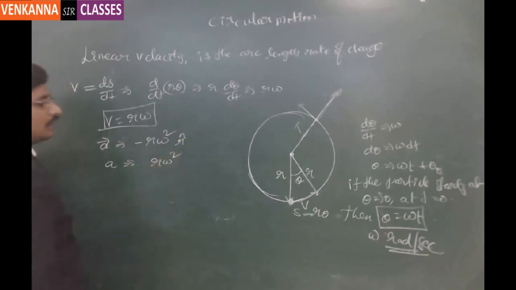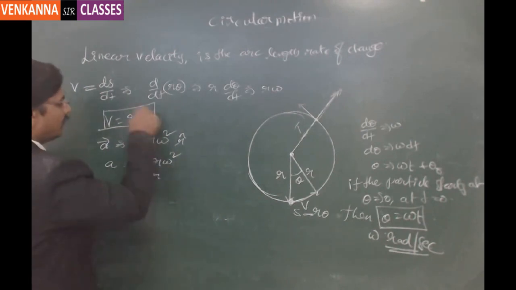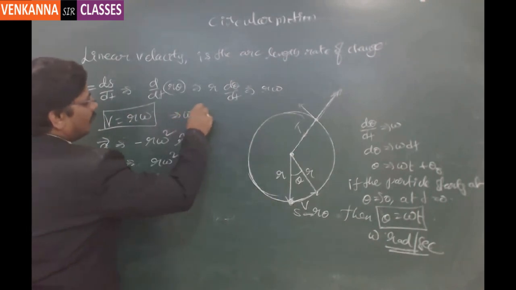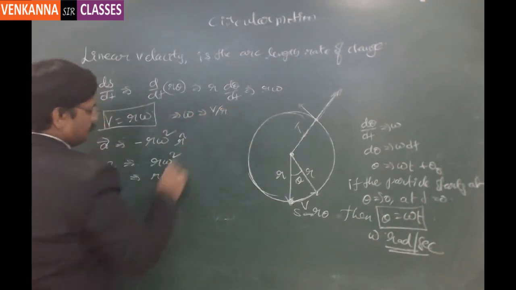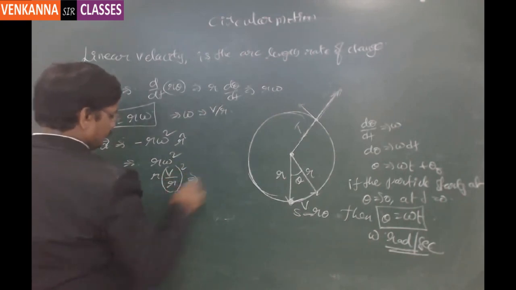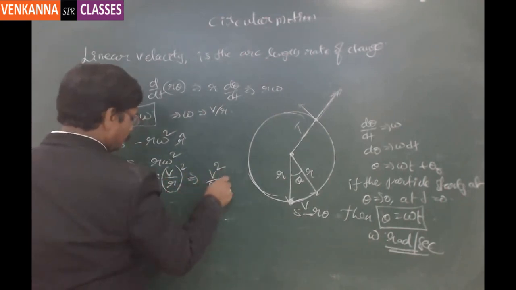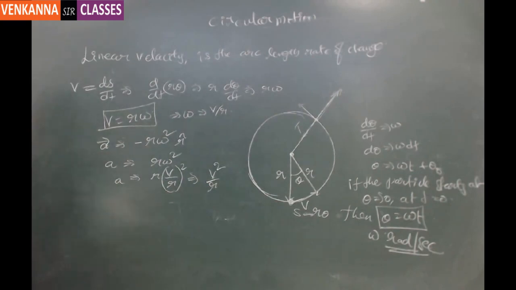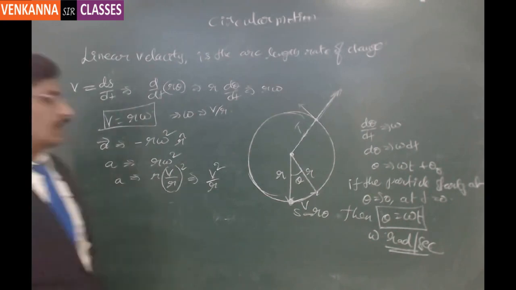So this acceleration a is equal to r into omega, which can be treated as v by r, whole square. So this is v square by r, the acceleration. This is the centrifugal or centripetal acceleration. By magnitude, it is equal to v square by r.